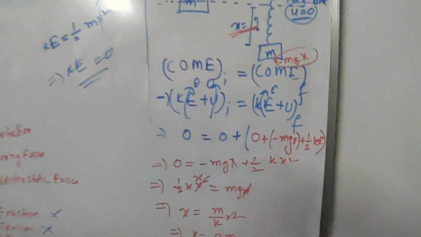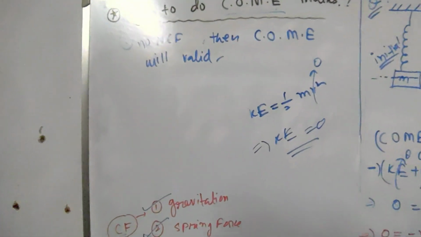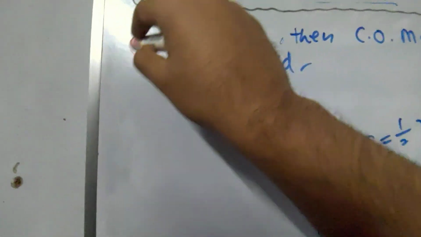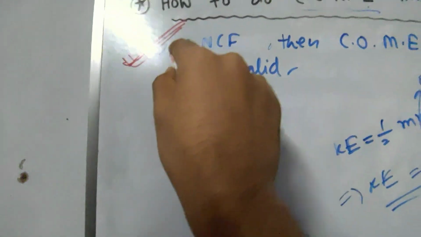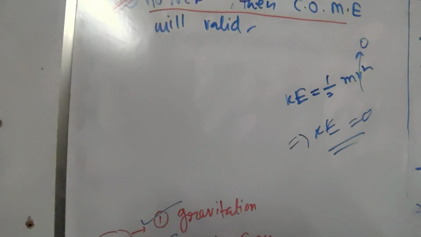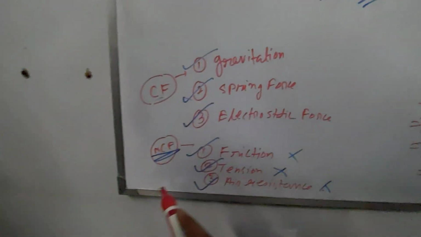This is how we solve all the questions of COME maths, and this is the main point: if there is no non-conservative force, then COME will be valid.